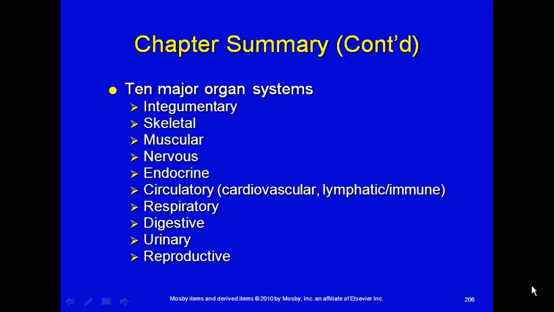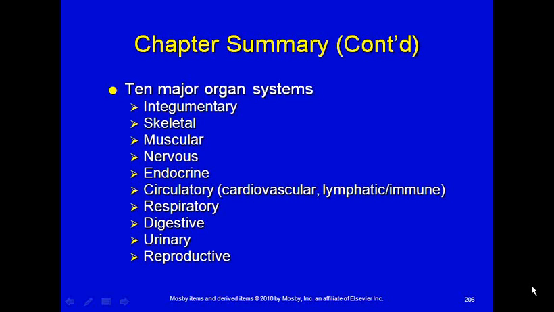The 10 major organ systems that we did discuss include the skin, the largest organ in the body. We talked about both muscle and bone, as well as nervous tissue. We talked about the endocrine glands and their functions. Talked briefly about the cardiovascular system and the lymphatic and immune system, and the respiratory system, digestive system, urinary and reproductive systems as well.